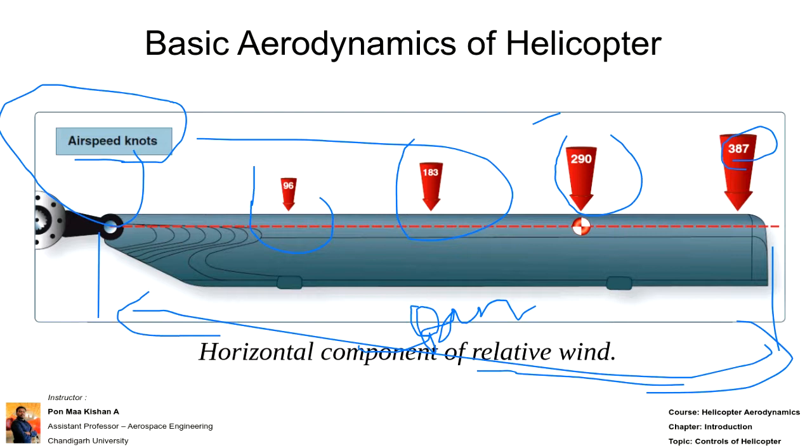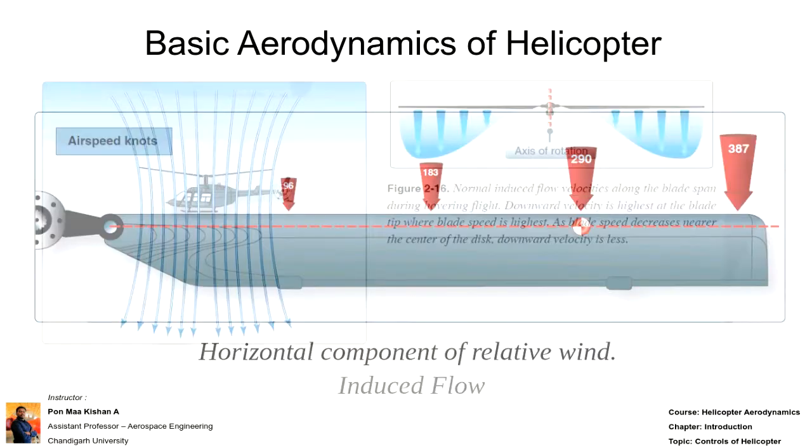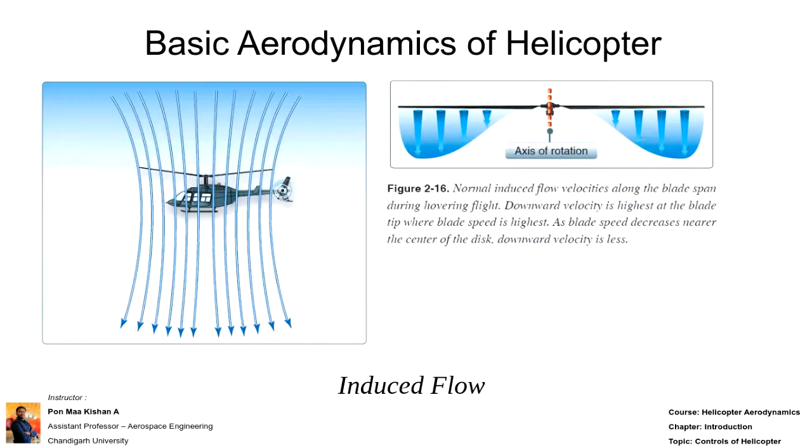Okay. So the same will be applicable if I say this is the front view, right, and this is the side view. For a side view of the rotor system, we have to understand how the flow distribution is. Here the induced flow is given, supposing the helicopter is in the climb position.